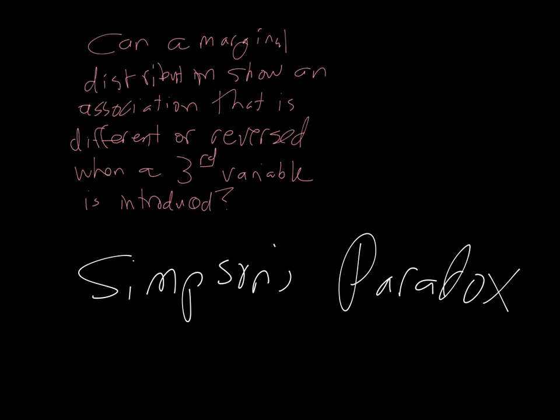Instead of as the class gets lower, the survival rate decreases, if we introduce a third variable, now as the class decreases, the survival rate increases. That would be what's referred to as Simpson's paradox. It does not hold true for this data set that we looked at, but it can for some, and there are some unique characteristics and circumstances that you'll see when you're working on problems in class.